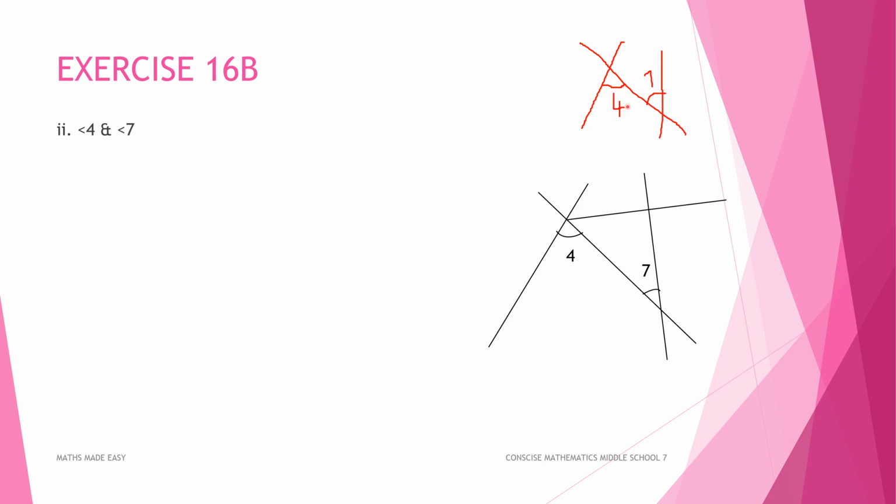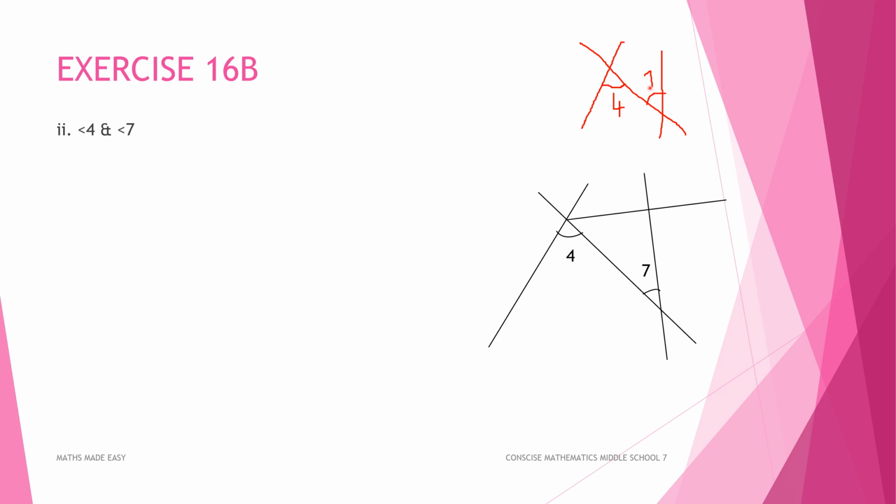So here 4 is on the interior side, right? See, it is just inside these parallel lines. So it is interior, and 7 is also interior, right? See, yes, it is alternate. This is towards the left side and this is towards the right side, right? It is alternate.